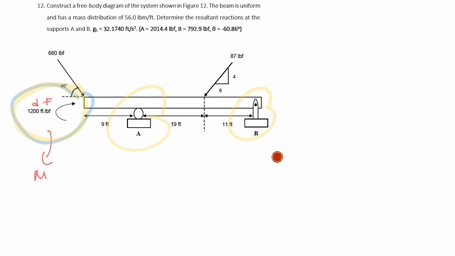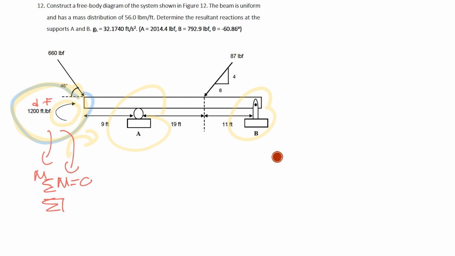But please take note when you have this extra thing, I already gave you the directions. These directions are basically clockwise motion. So 1200 pound force can only be written in moment, which means that in your calculation this 1200 only exists in the sum of moment equals to 0.